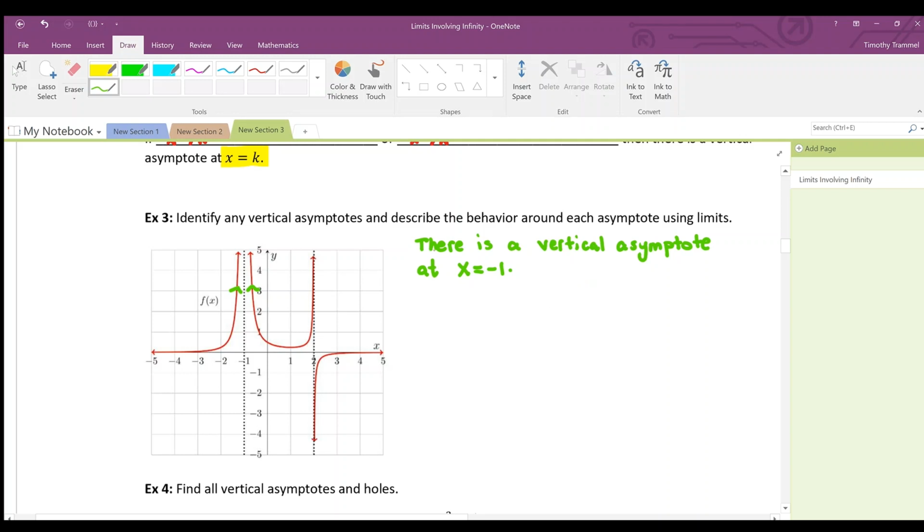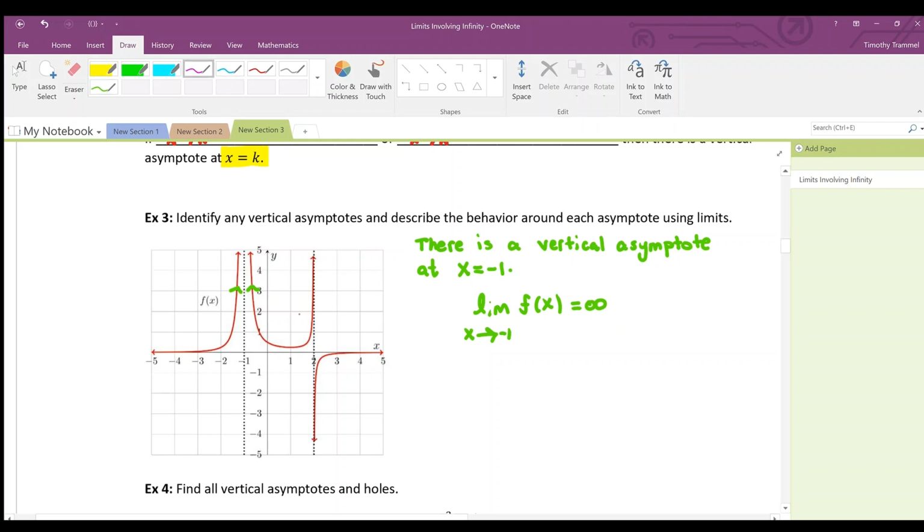And if we're going to describe the behavior around this asymptote, we would say that the limit as x approaches -1 of f of x is equal to infinity.